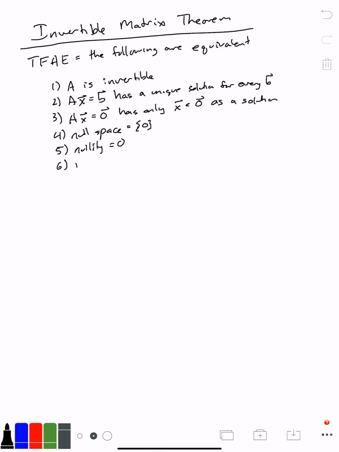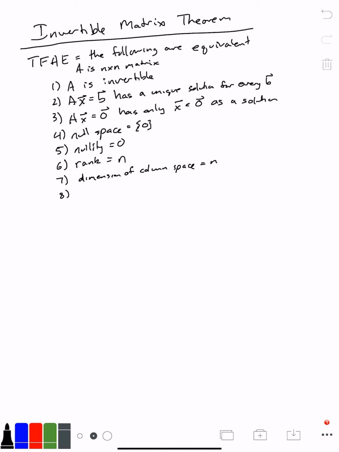And then by the rank-nullity theorem, that means the rank is the number of columns, which we'll call n here. So A is going to be an n by n matrix. Well, if the rank is n, then that means that the dimension of the column space is n.